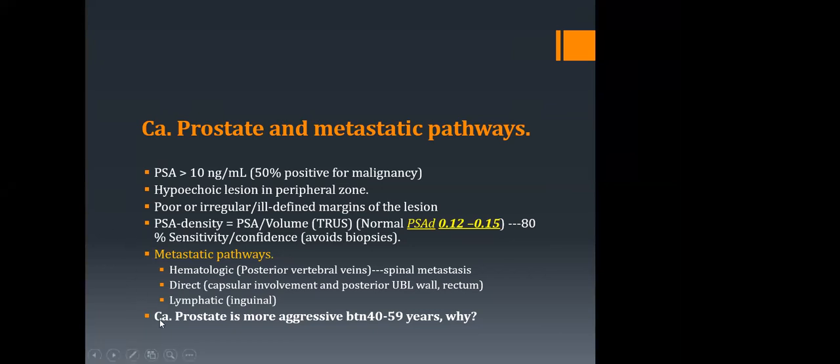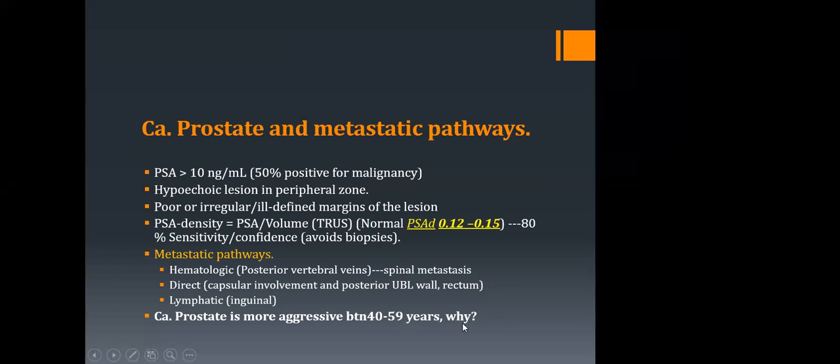I want us to look at this question, and this is a take home for many of us. This is what we are going to do. We are going to do transrectal prostate ultrasound. For research, in many of the patients with CA prostate between the age of 40 and 50, the cancer is extremely aggressive, and the death rates are higher in this age group.